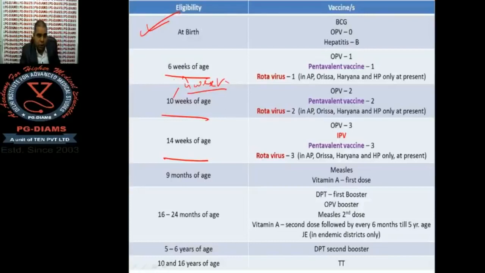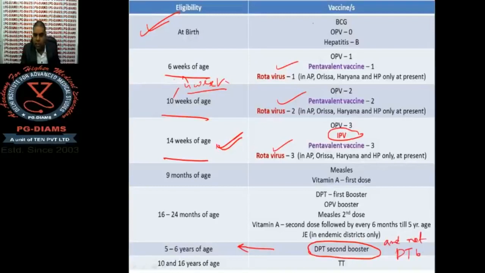India. Okay, so you should remember all of these vaccines when they are given, and do go back and remember this chart. In this chart there are 2 things which you should notice. First is IPV is given only at 14 week of age. The second thing is rotavirus is given along with pentavalent vaccine and OPV at 6 and 14 weeks. The third thing is DPT second booster is given at 5 to 6 year of age, and not DT.